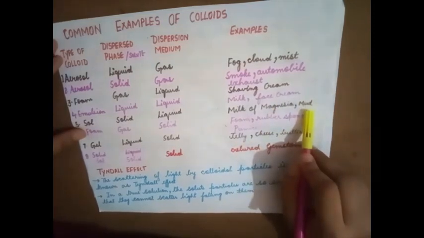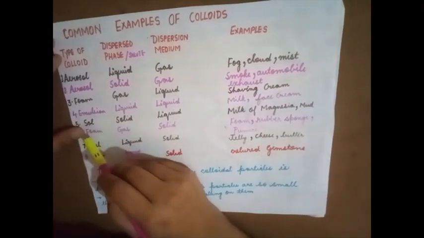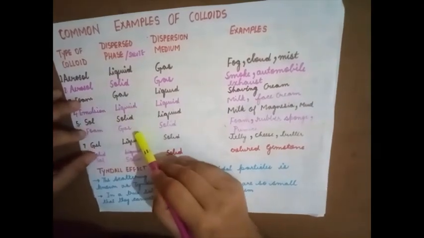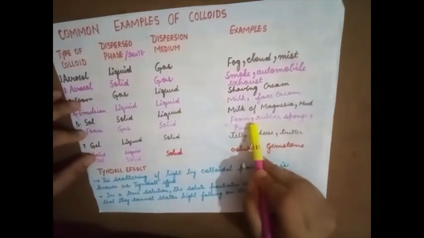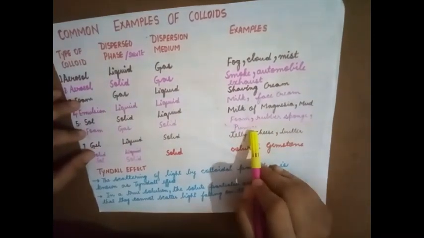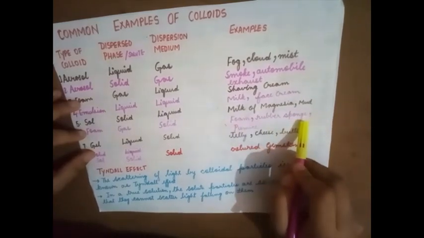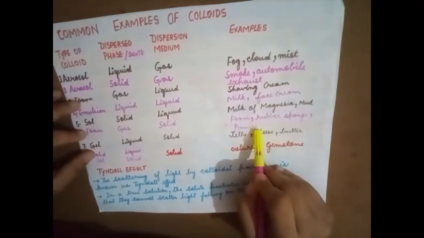The other example is mud. Foam. Disperse phase is gas, whereas dispersion medium is solid. Foam rubber, sponge and pumice. Foam rubber and sponge are used as packaging material to pack various electronic items or goods. Pumice is used by the dentist to clean the teeth.